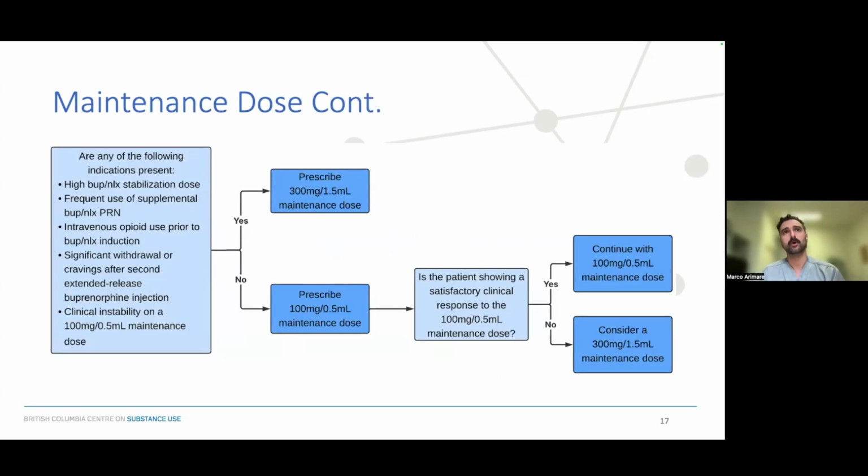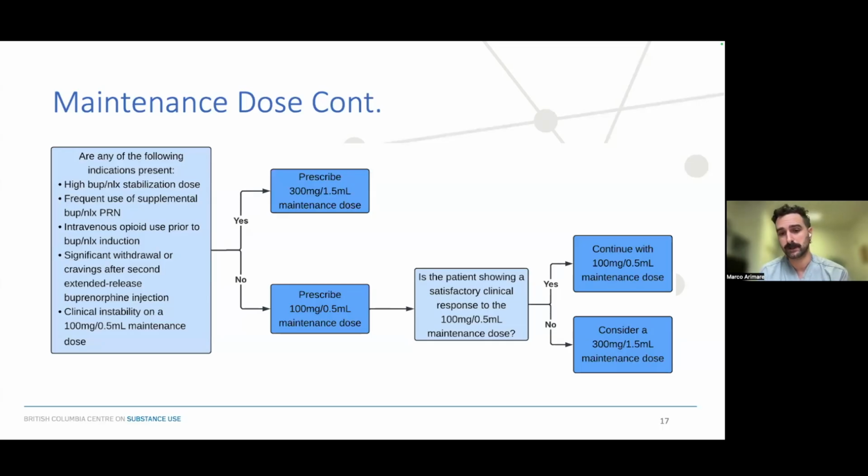So to determine the appropriate maintenance dose for each individual, we should consider the following to see if any of these indications are present. And so we have high sublingual buprenorphine stabilization dose, frequent use of supplemental sublingual buprenorphine PRN, intravenous opioid use prior to sublingual buprenorphine induction, significant withdrawal or cravings after the second extended release bup injection, and clinical instability on a 100 milligram maintenance dose.